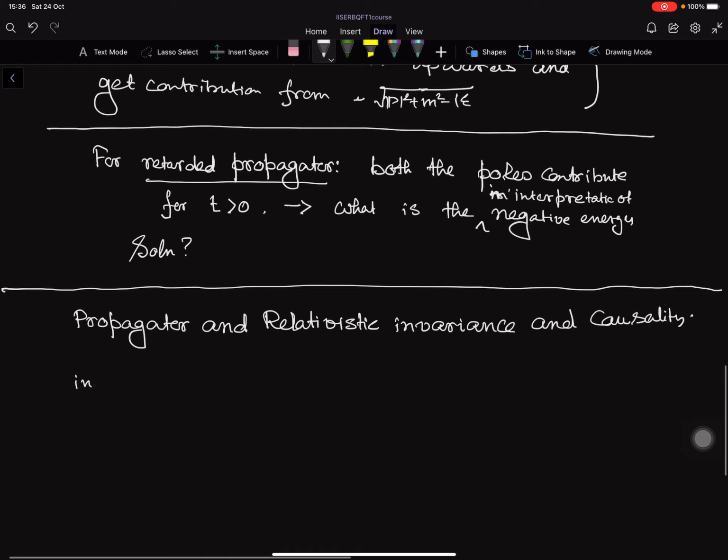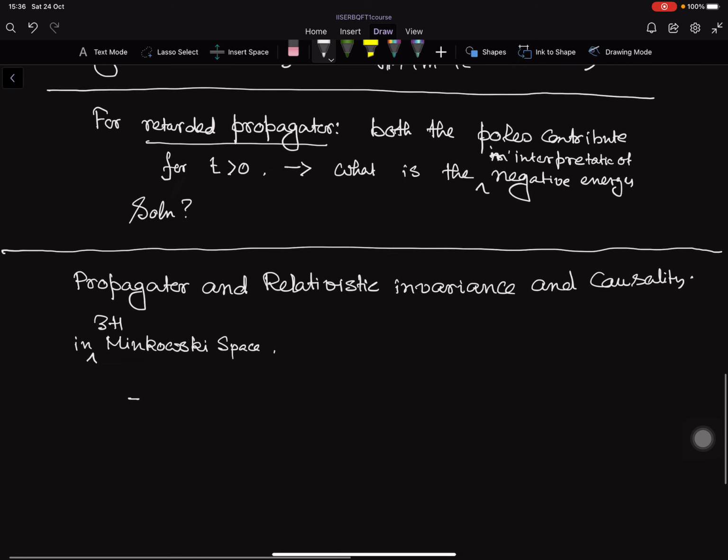So in Minkowski space, I have to be more specific. Let's say in 3+1 dimensional Minkowski space, firstly the distance between 2 points. So let's say there are 2 points, x1 and x2, so this is x1^mu and x2^mu. Okay, so mu runs from 0 to 3.